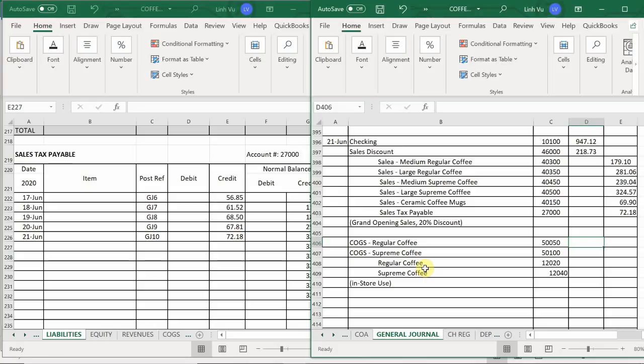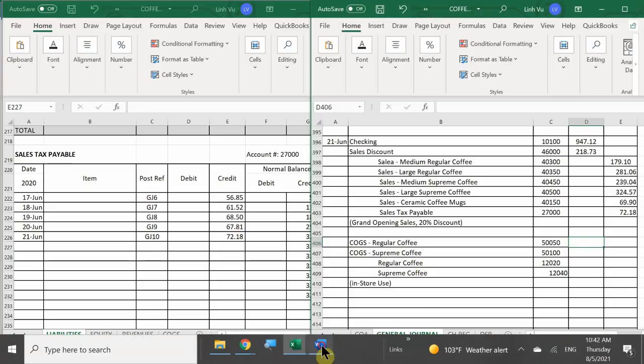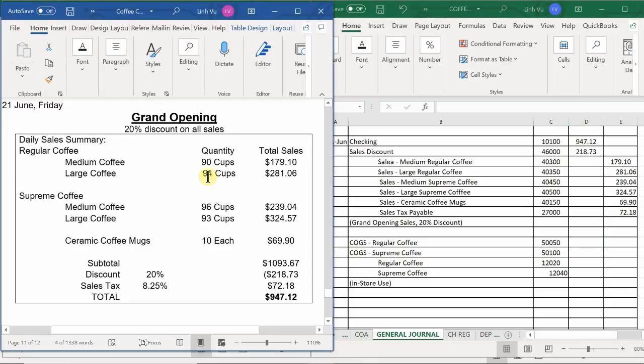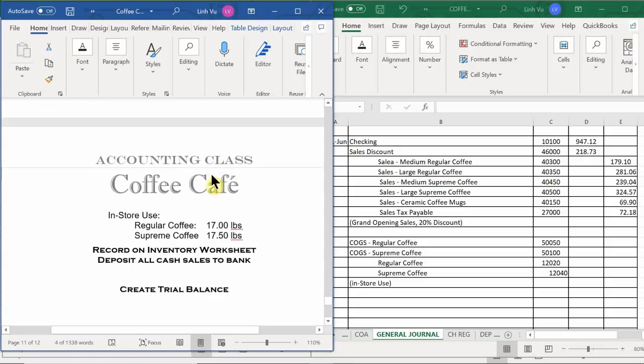Would anybody like to take over for the cost of goods sold? The inventory? Okay. All right, well then let's take a look at how many pounds we used in the store today.